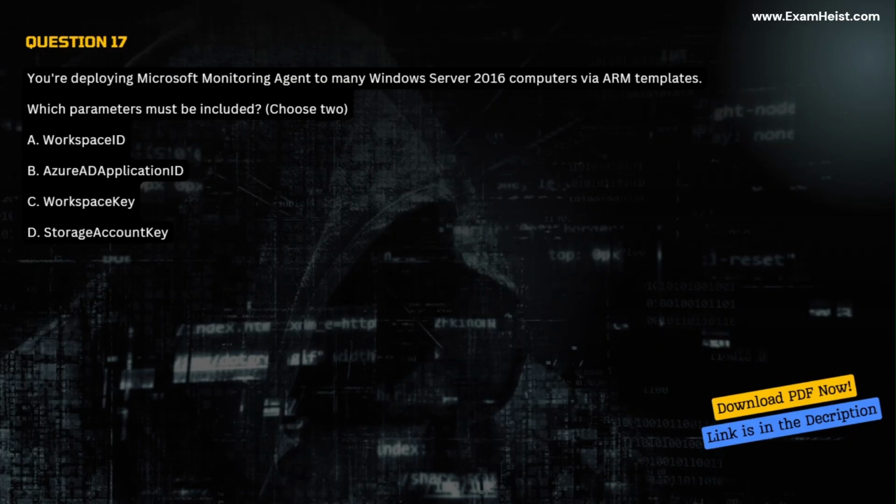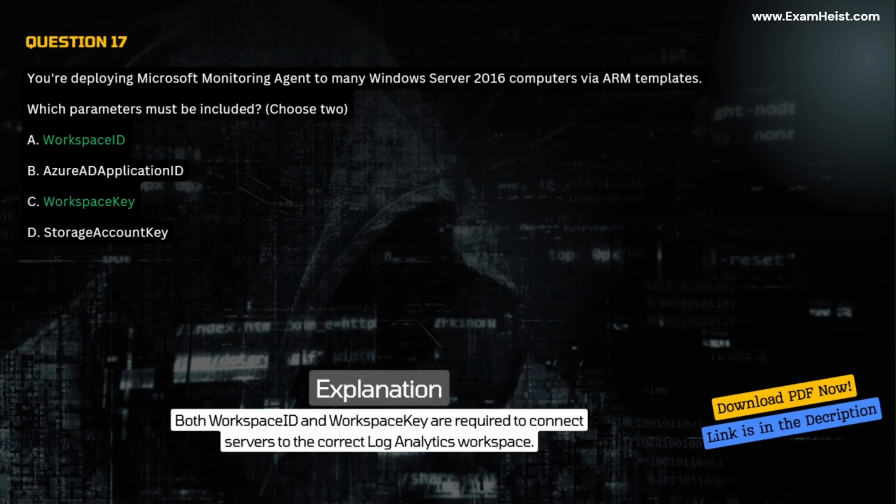B. Azure AD Application ID. C. Workspace key. D. Storage account key. Correct answer A and C. Workspace ID. Workspace key. Explanation. Both Workspace ID and Workspace key are required to connect servers to the correct Log Analytics workspace.